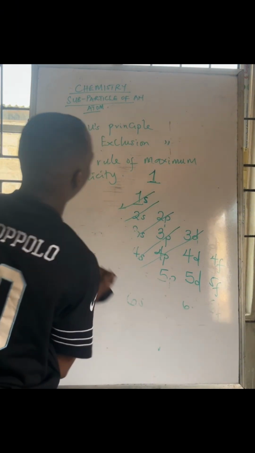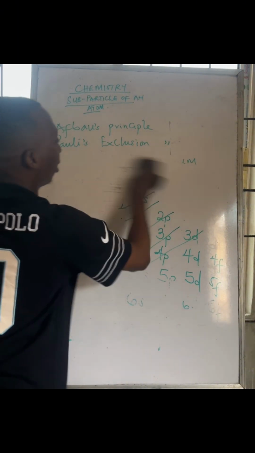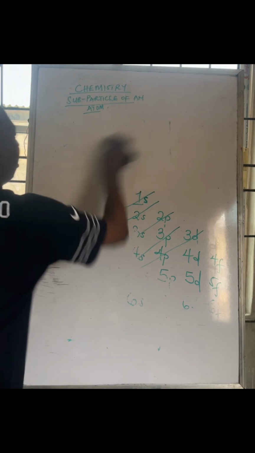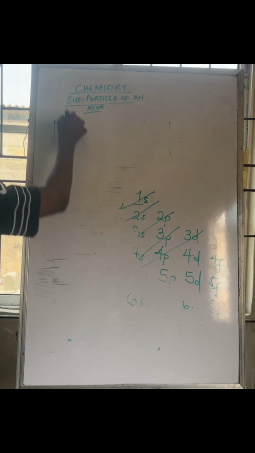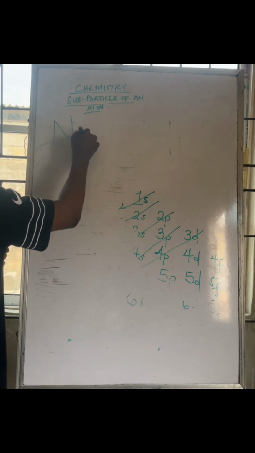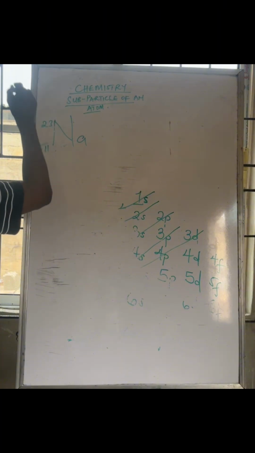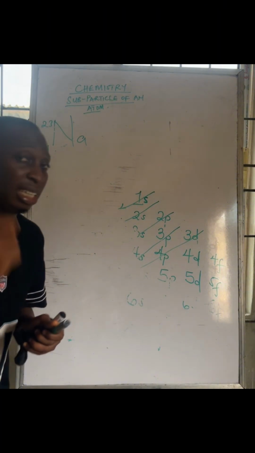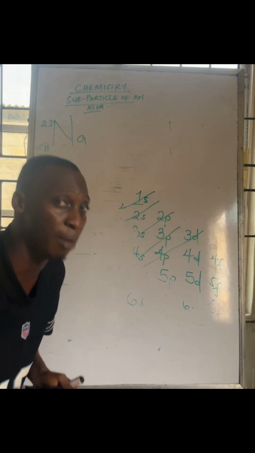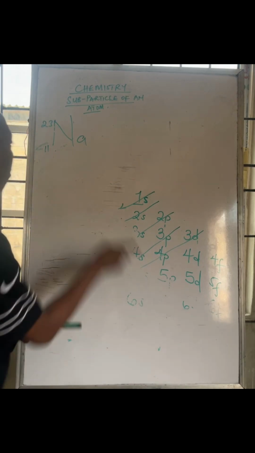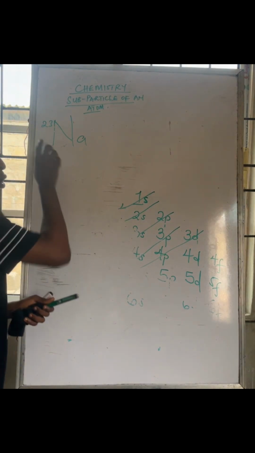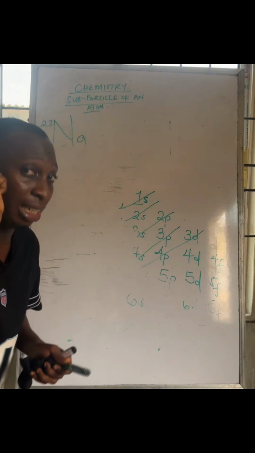Now, take for example, let's say I want to write an electronic configuration for sodium. Sodium is the 11th member in the periodic table with an atomic number of 11, mass number 23. Listen.